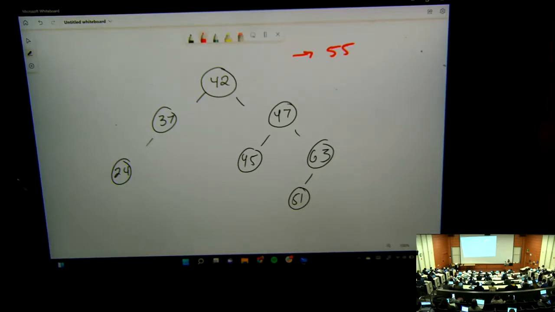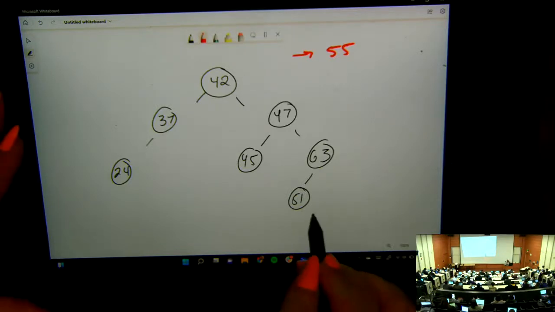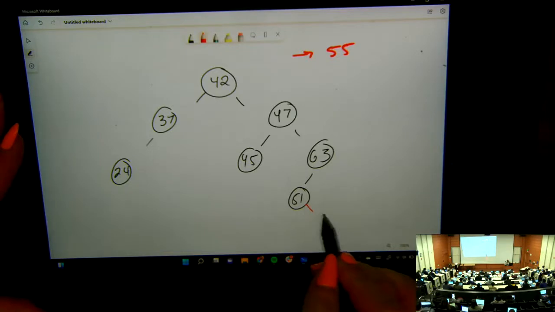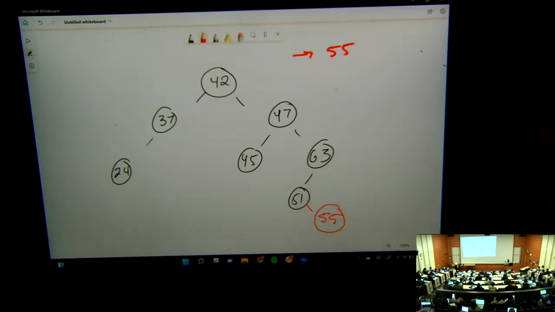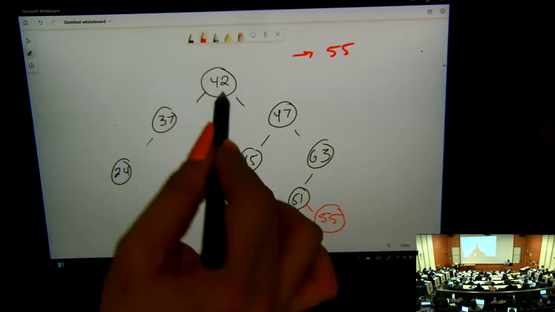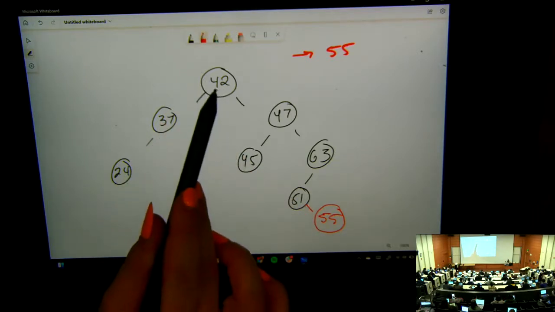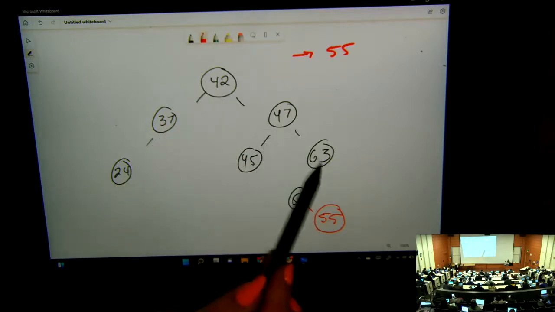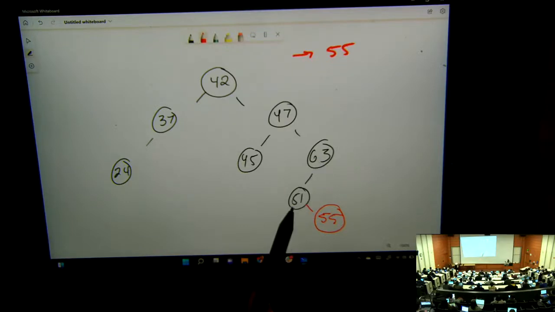Does anybody want to offer their guess as to where 55 is initially going to get put into this tree? All right, a child of the 51, so right here. The reason that we're putting it there is that we're going to come down and say, hey, is 55 greater than 42? Yep. Is it greater than 47? Yep. Is it less than 63? Yep. Greater than 51? Boom.